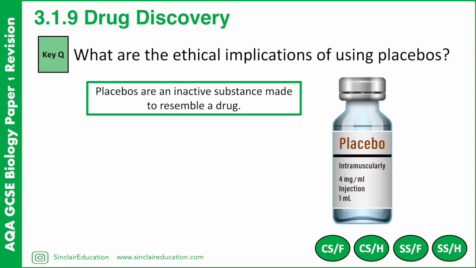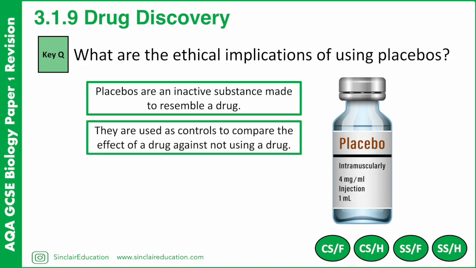When we're using these drug trials and using placebos, there is an ethical implication of that because these are dummy drugs. They do not normally contain active ingredients. What that does mean is that if we were maybe testing a drug on a deadly disease, so like cancers, for example, you wouldn't want to be in a position when you're in a placebo group not receiving any treatment at all.